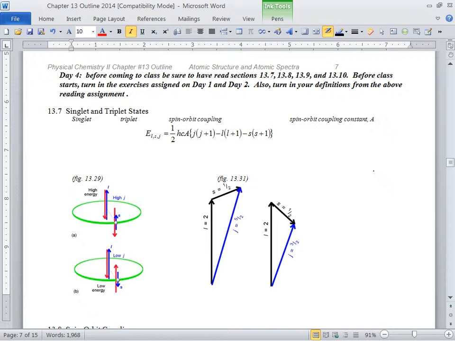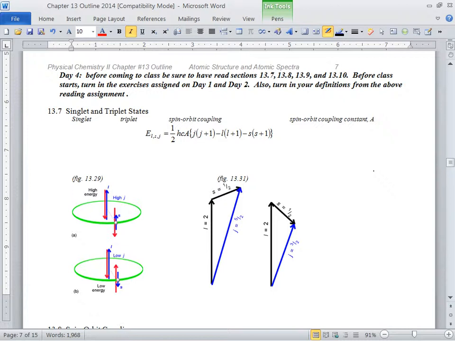So we're trying to couple the spin angular momentum with the orbital angular momentum, which we call spin-orbit coupling.